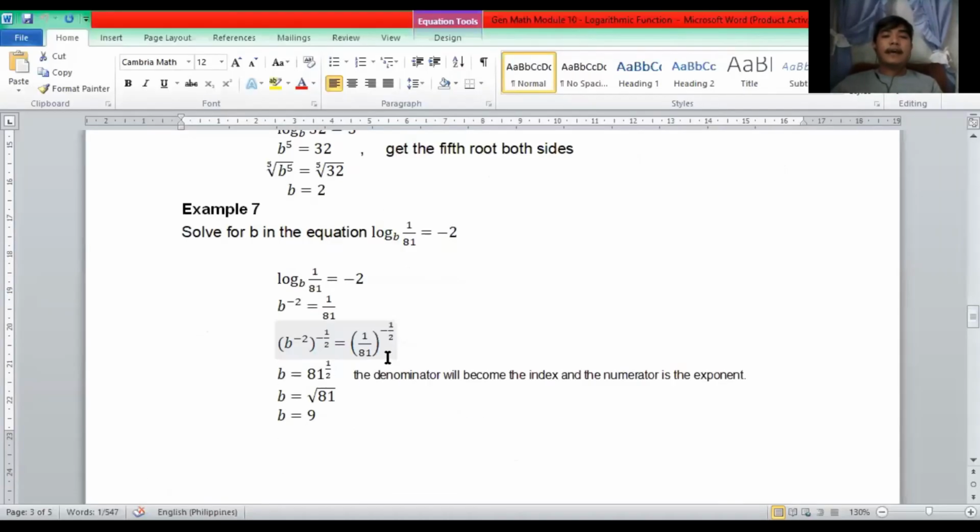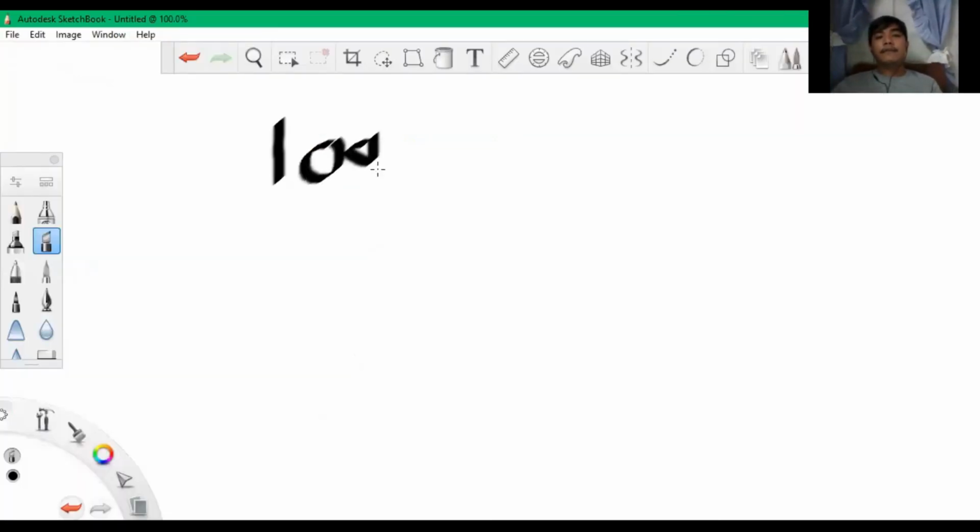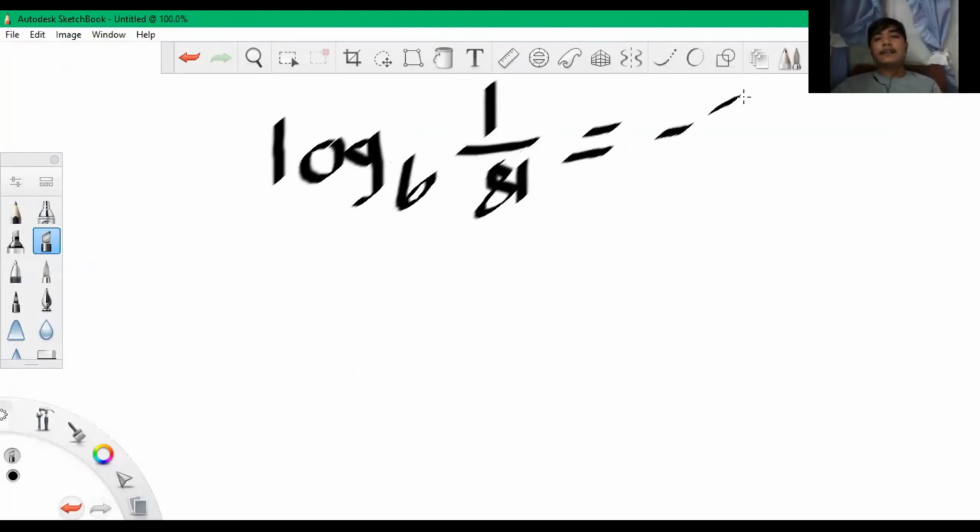So now let's have another example. So we have the logarithm of 1 over 81 to the base b is equal to negative 2. So in order for us to solve this again, we have to get the exponential form of this logarithm.